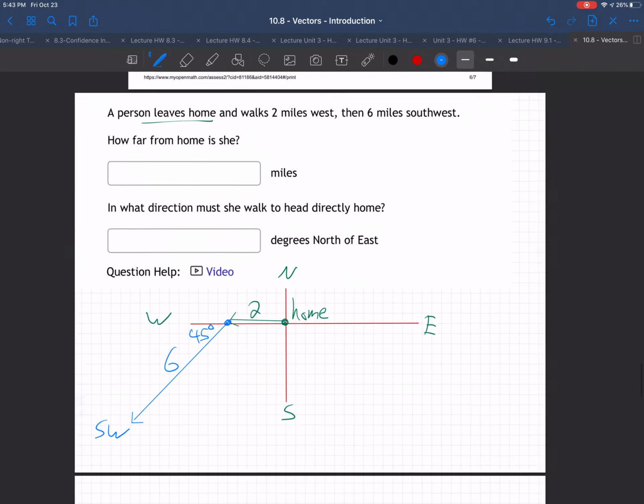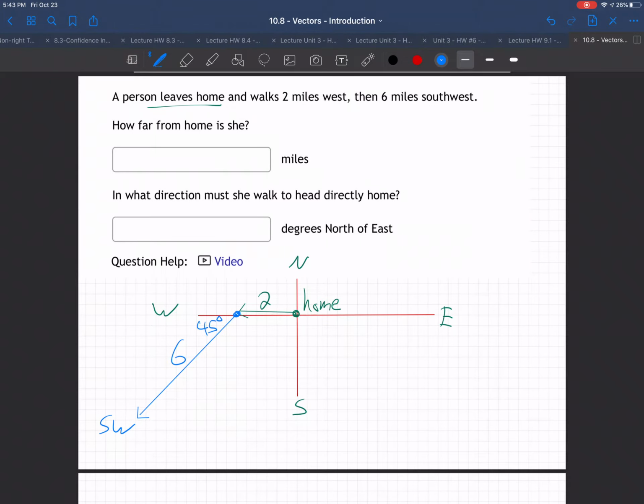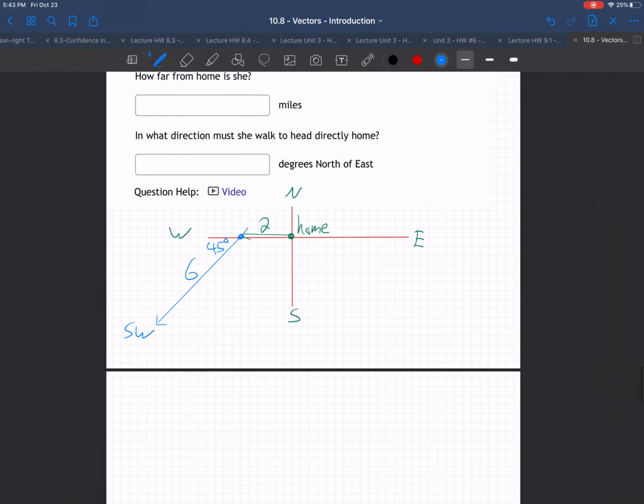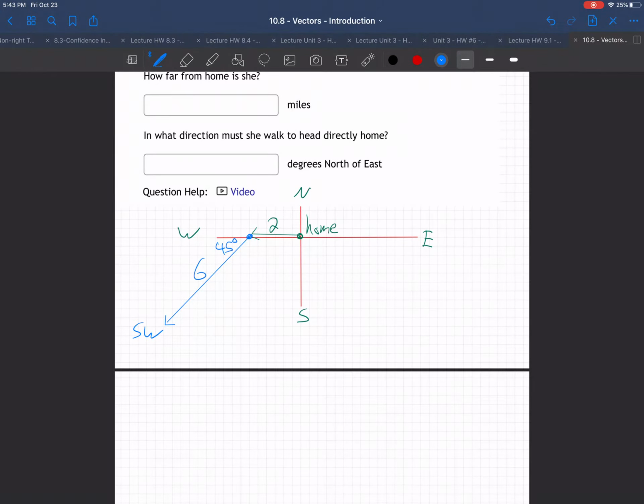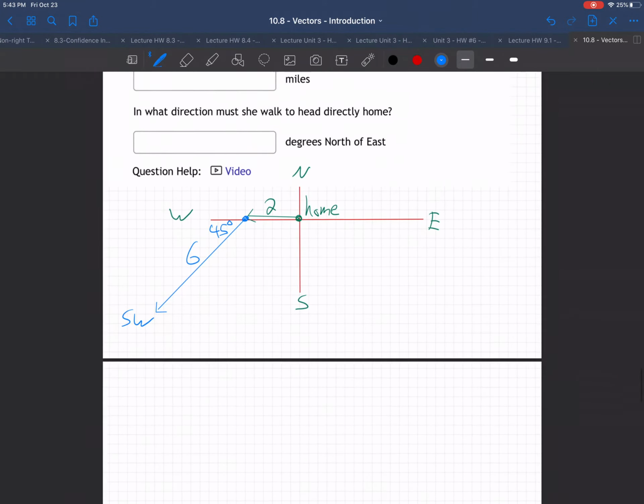Okay, well, we can do this problem with vectors and just add those vectors up, and that'll help us figure out how to do this actual problem. Yeah, vectors would probably be the best way to do this problem. So let's do that. So I'm going to do step number 1.